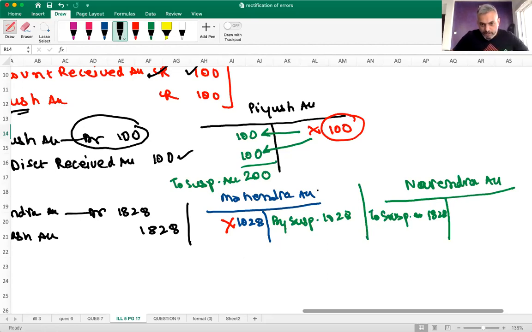One entry is Mahindra account being credited and suspense account being debited. So Mahindra account credit, so I'll write to Mahindra account. And Narendra account is being debited, so Narendra account debit.